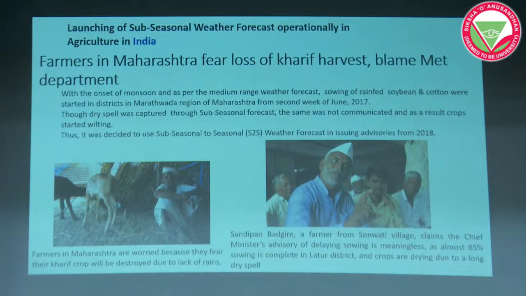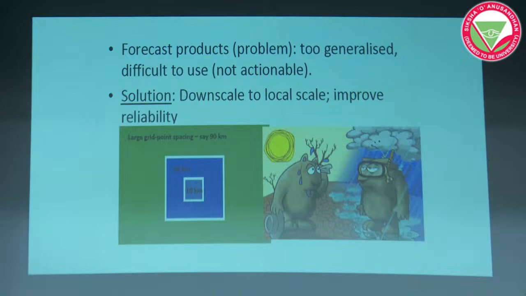But at that time we were also working in experimental mode on the subseasonal forecast with the IITM. So after that, the Indian Met Department and universities started the subseasonal forecast. Now farmers are comfortable, but again the issue is the resolution.